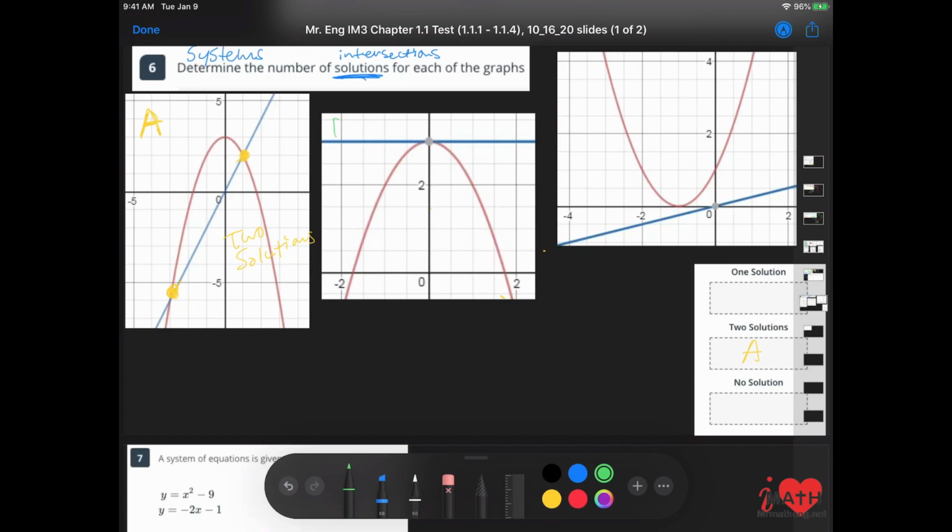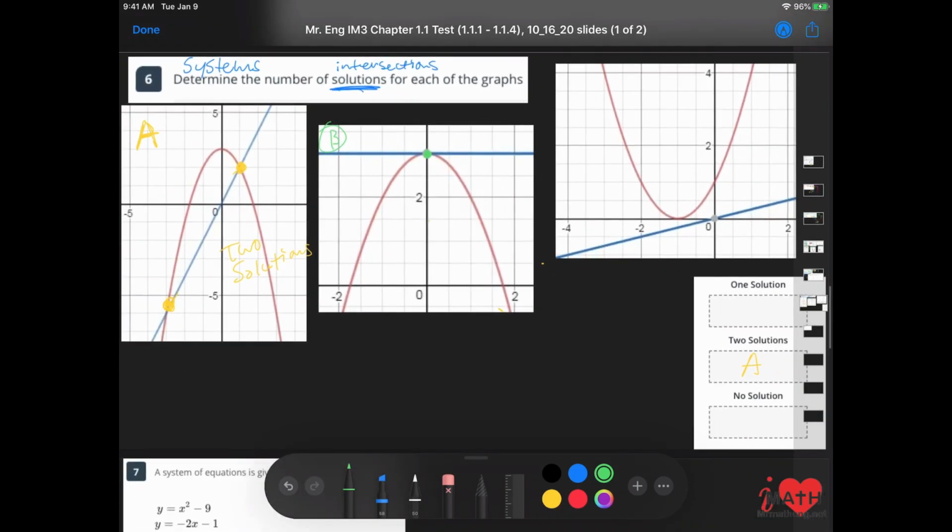Let's call this one B. How many times do the graphs touch? This is one intersection, so this would be one solution.